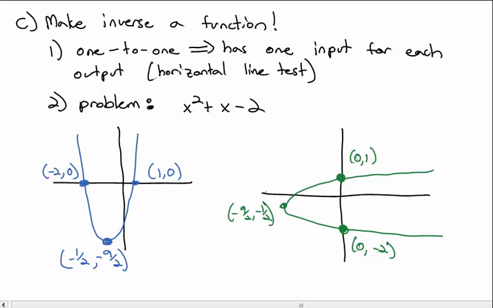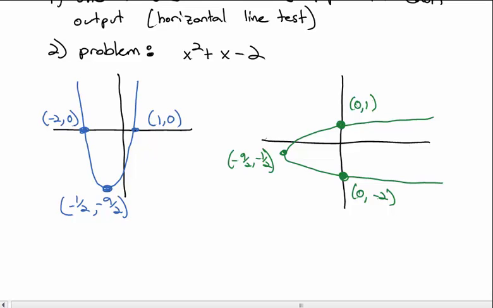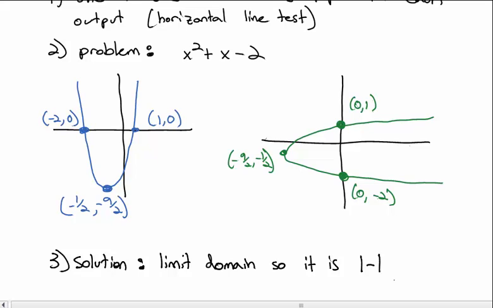To fix this problem, we're going to eliminate the inconvenient part of the graph. For our solution, we are going to limit the domain so it is one-to-one. In other words, if I look at my function, there's a left side and a right side to this blue graph.